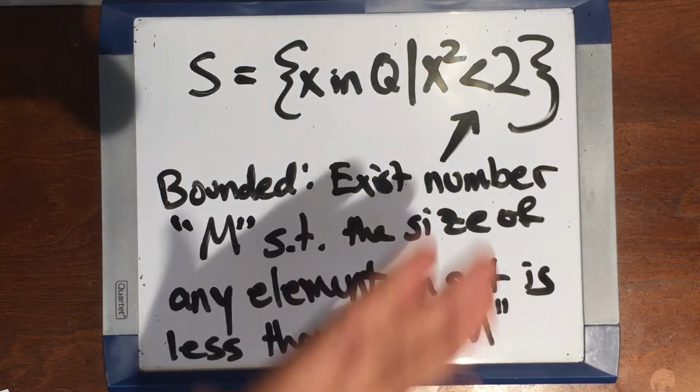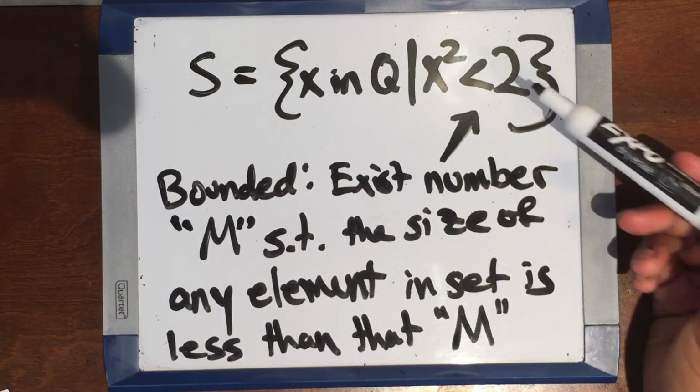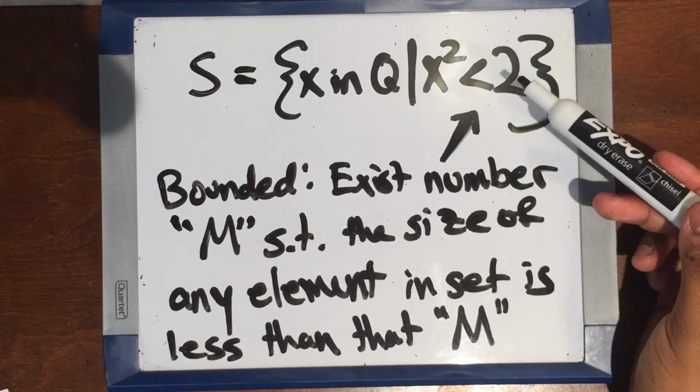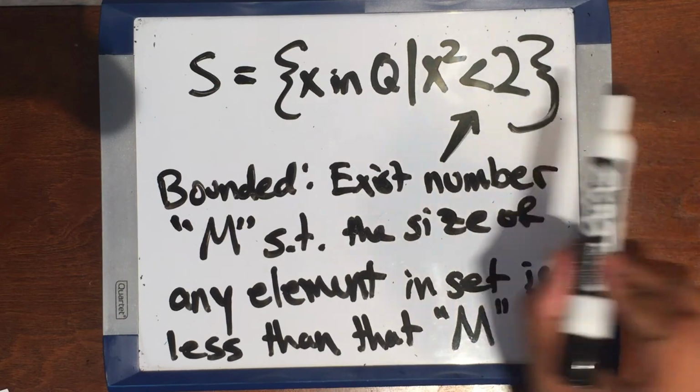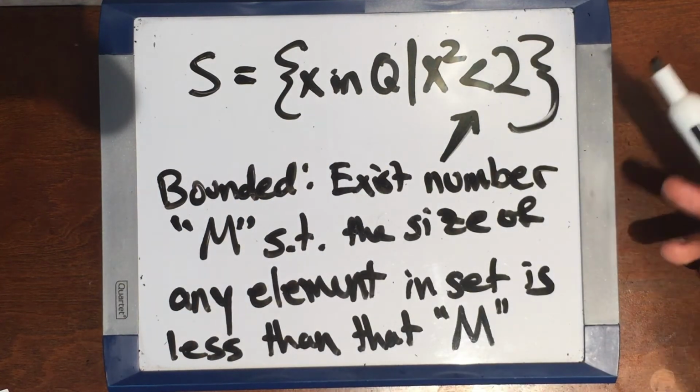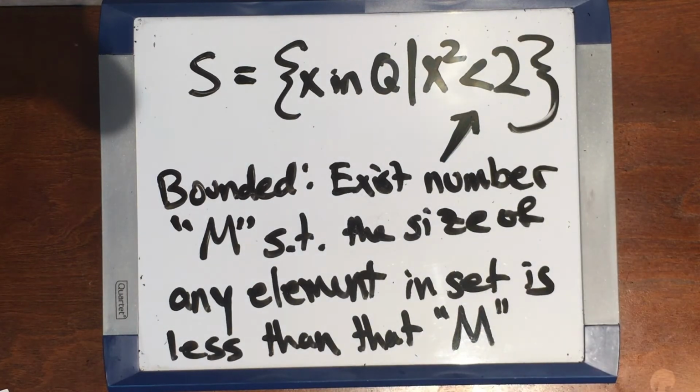So we can clearly see that in this case, the number 2, because it's not included in the set, must be greater than any x squared, where x is in the rationals, within our set, okay? But because we're talking about rationals, there exists no rational number that when squared is going to equal exactly 2.